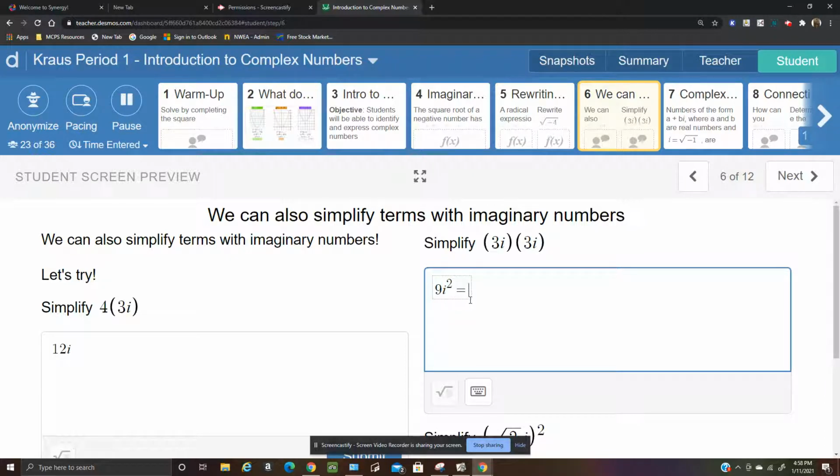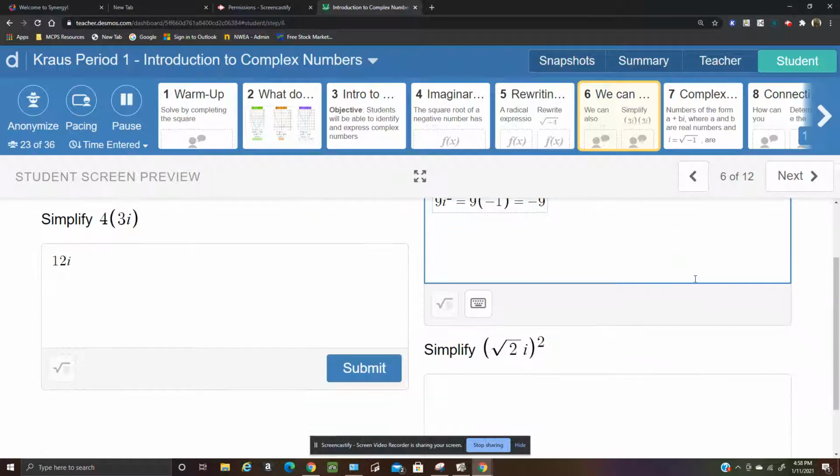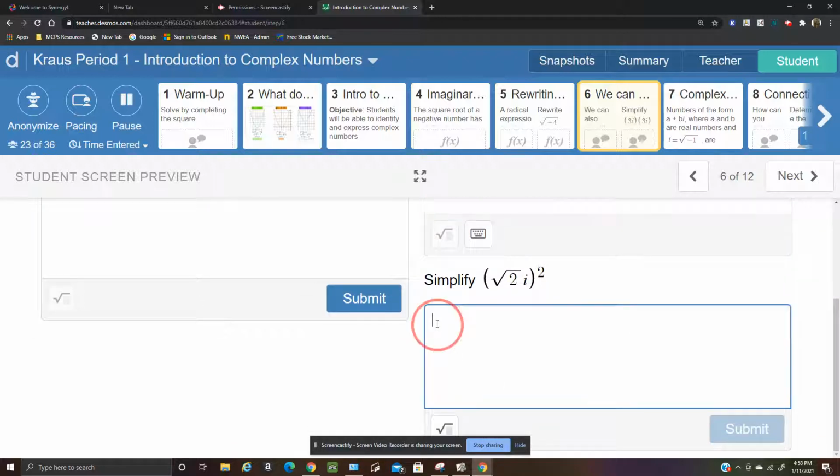And wherever there's an i squared, you can put a negative 1. And here, this actually means this.